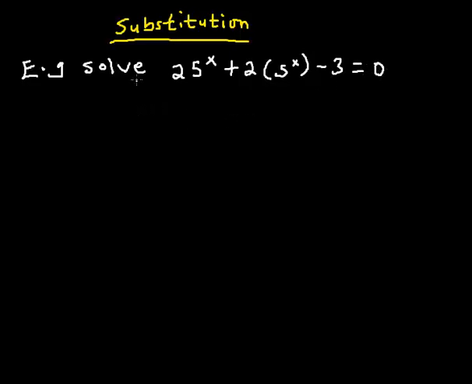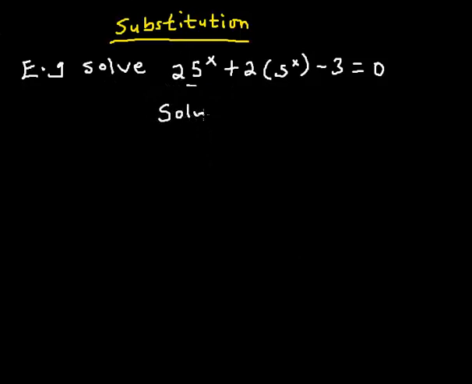Once I see this kind of exponential equation, I know very well that I will have to apply the substitution method. The reason is that this exponential equation looks more like a quadratic equation. This is how it can actually be transformed into a quadratic equation.